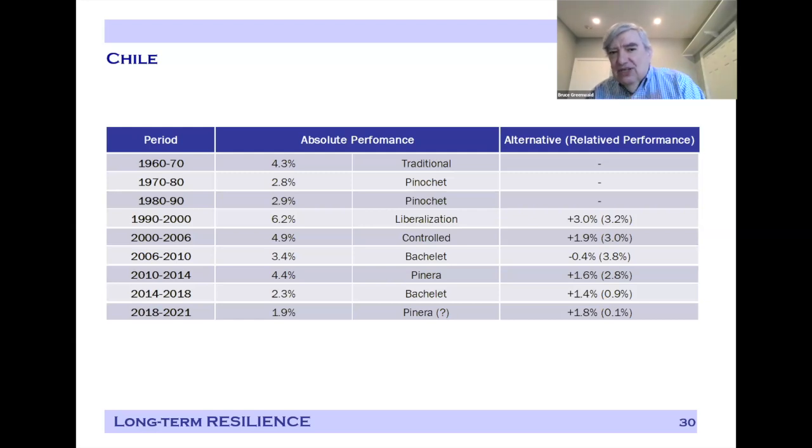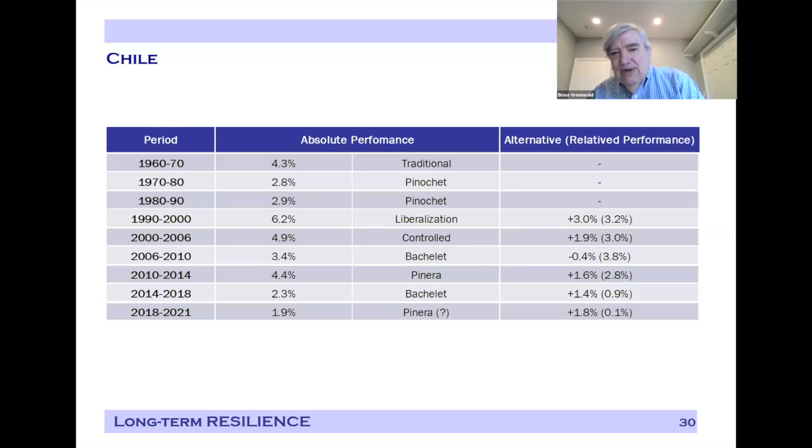So they have a traditional economy that does really well. Pinochet comes in, not surprisingly. When the government gets in the way, the performance of the economy deteriorates. Liberalization happens, and it happens in a reasonable amount of time. So they do correct. For Pinochet, they do much better.